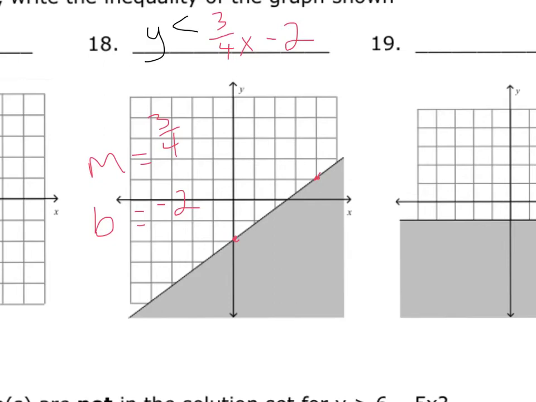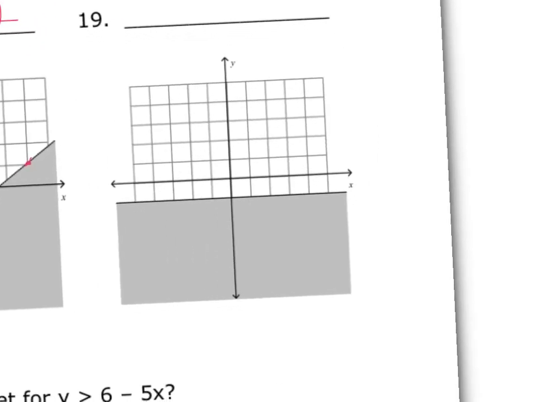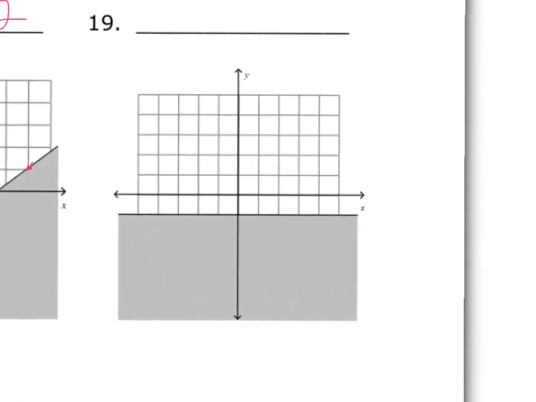Okay, number 19. This is one of those special case problems. We can see that we have a zero-sloped line, and it only crosses the y-axis here. Okay. So we're only going to have one variable, which is y. And the value of y is -1.